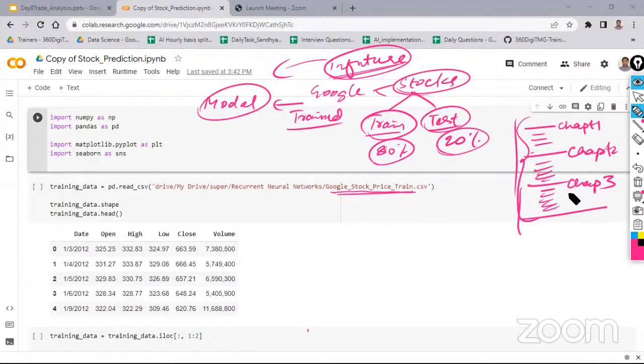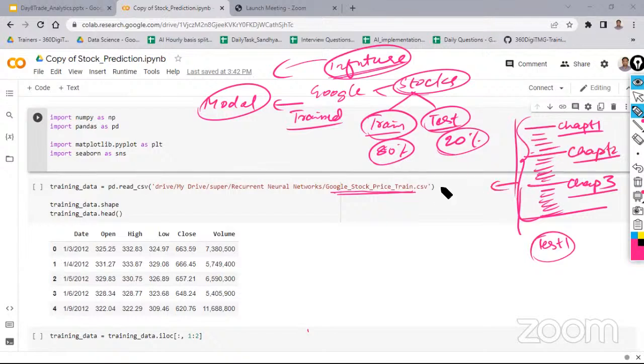Now we have 3 chapters and you will have a first test. The teacher is going to train the students with chapter 1, chapter 2, chapter 3, everything. She will guide, she will give the notes, she will tell which are the important questions, everything.